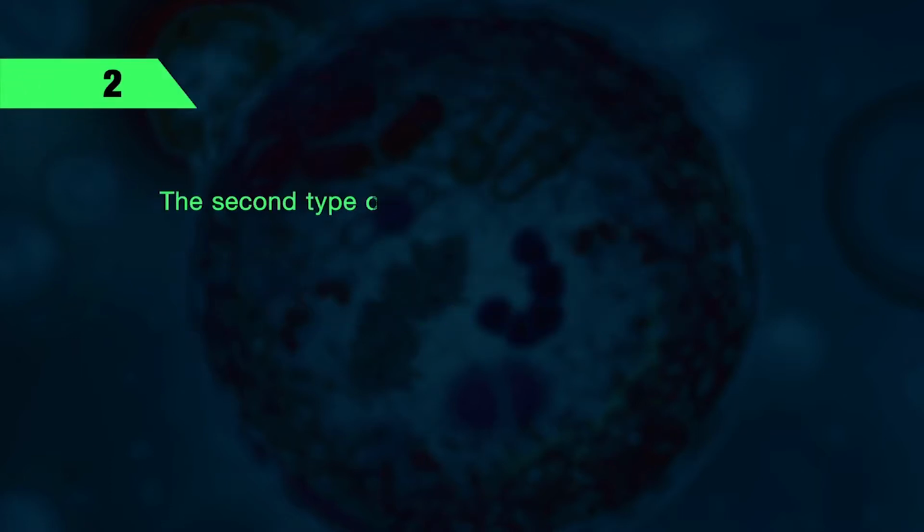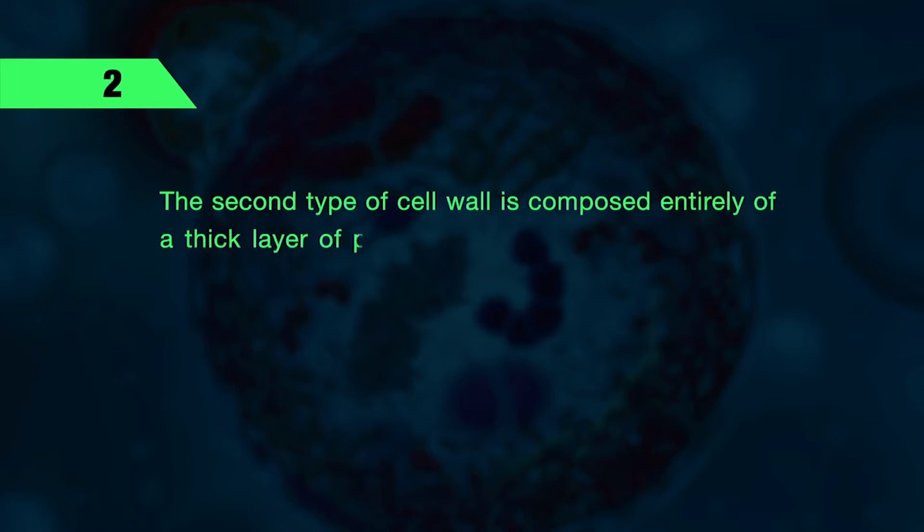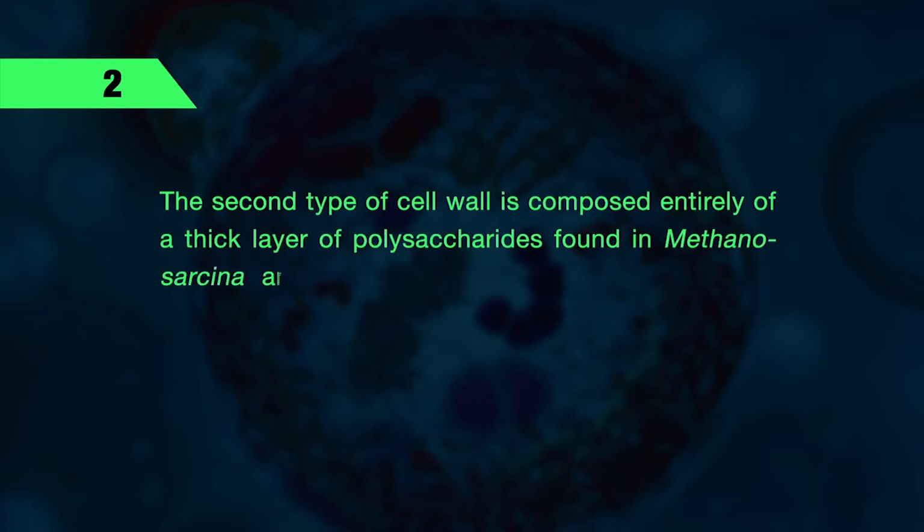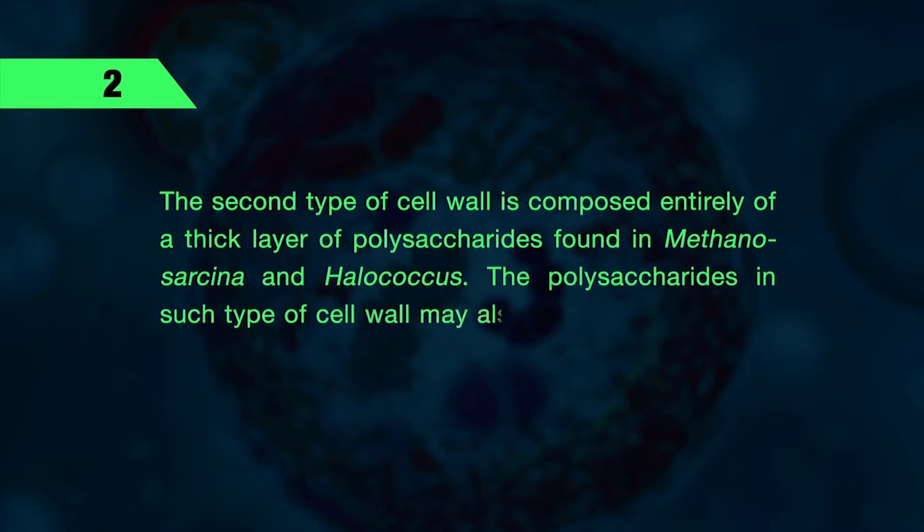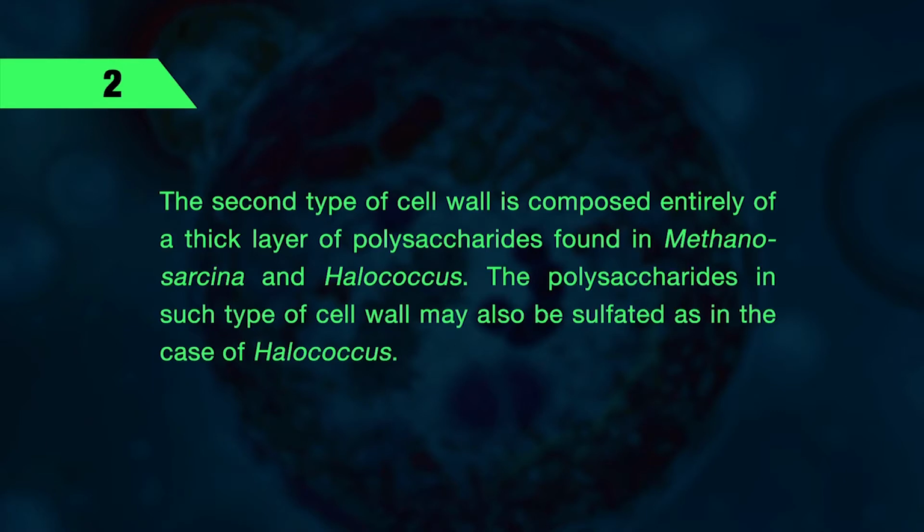The second type of cell wall is composed entirely of a thick layer of polysaccharides, found in Methanosarcina and Halococcus. The polysaccharides in such type of cell wall may also be sulfated, as in the case of Halococcus.